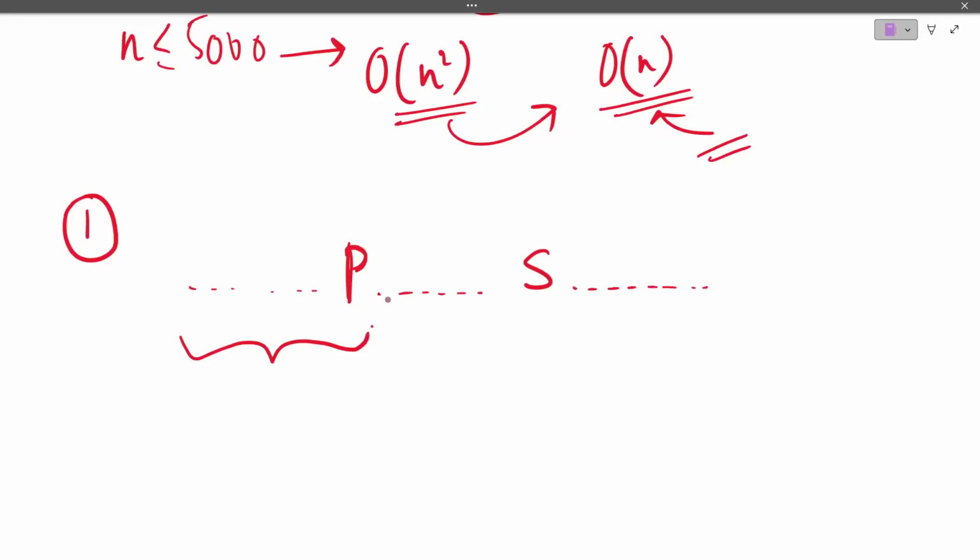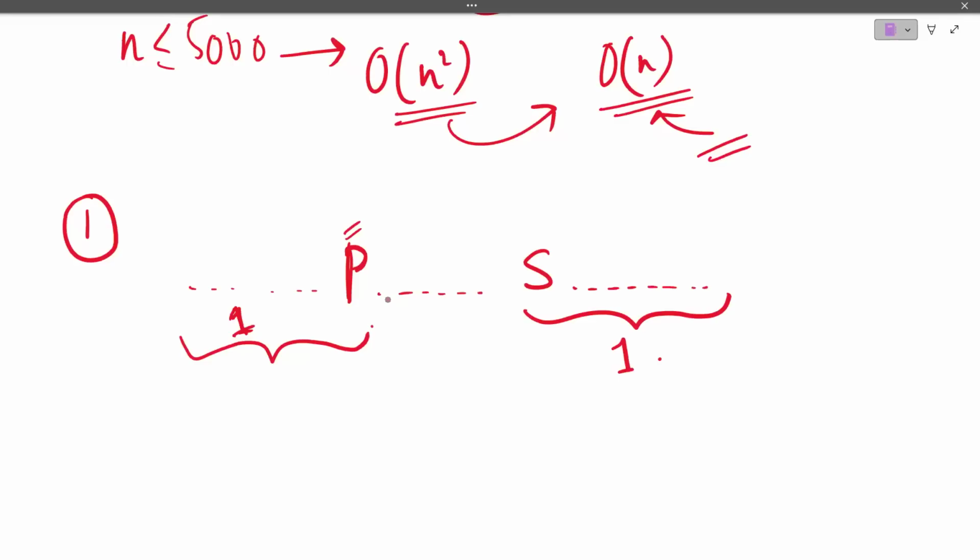One must be a part of this permutation because every valid permutation must contain one, right? Since P indicates prefix, one must be a part of this area. Similarly, S indicates that this part of the segment must also contain one because this is also a valid permutation.